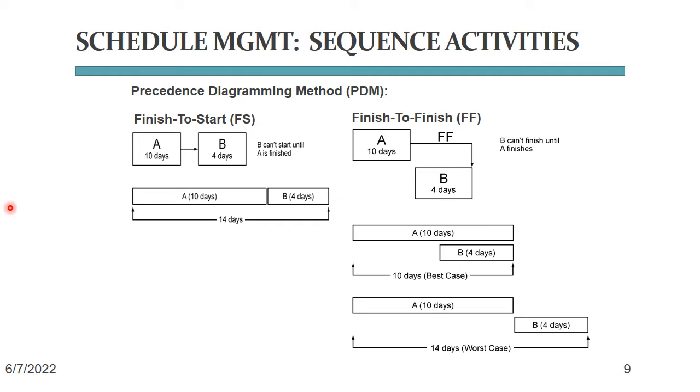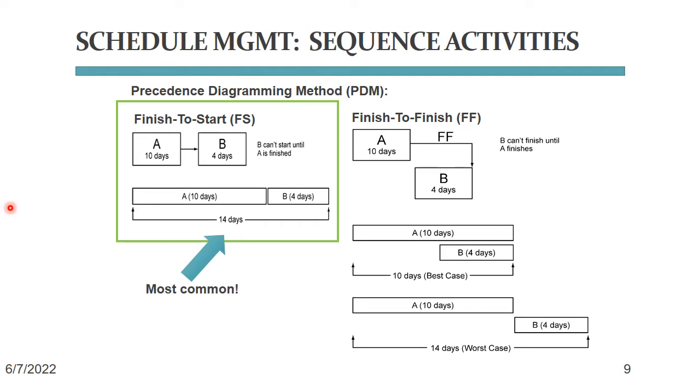The most common way of connecting 2 tasks is finish to start. This means that activity A must finish before activity B can start, so both activities are sequential. Another way of connecting the tasks is finish to finish. This means that activity B cannot finish until activity A is finished.